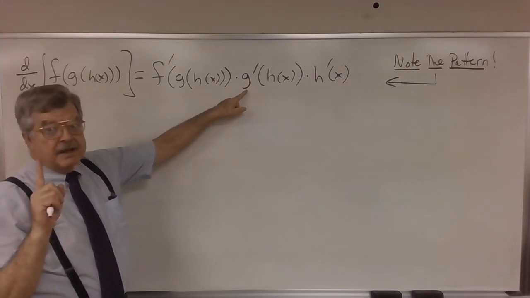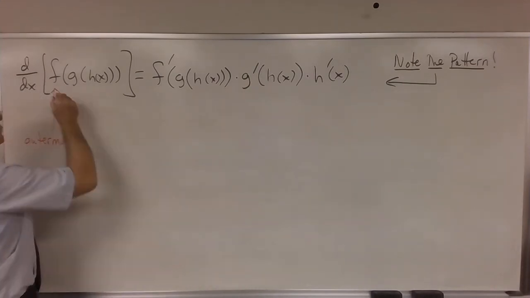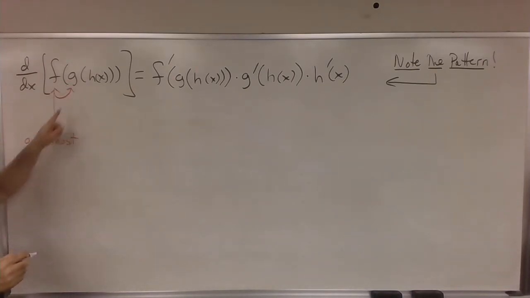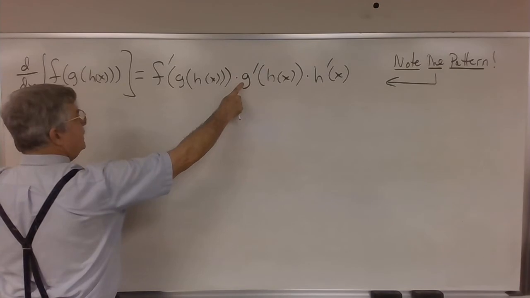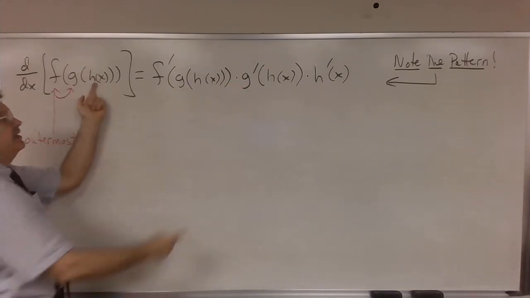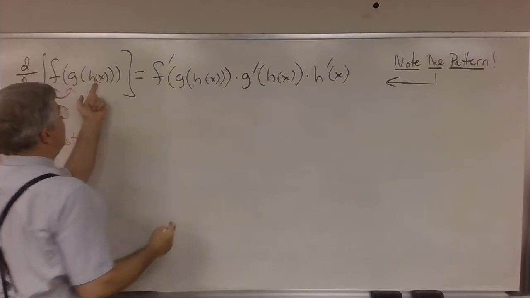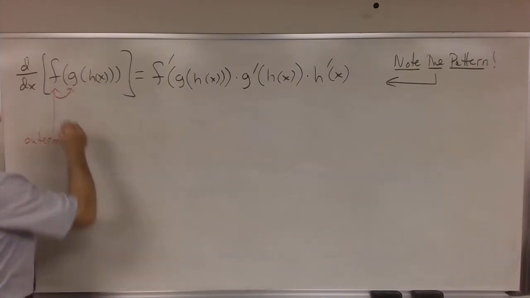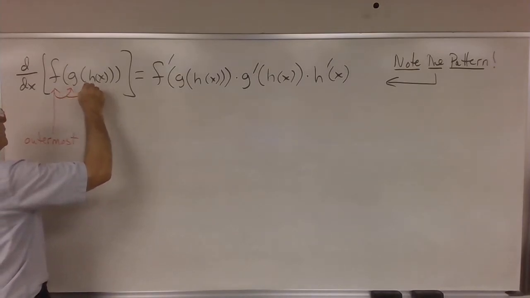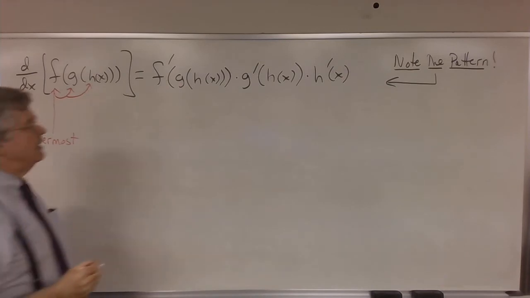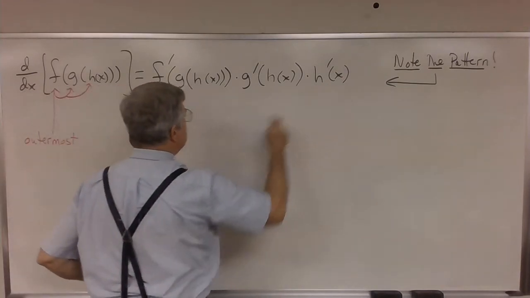We move in to the next outermost function, and we have the derivative of the next outermost function, evaluated at everything inside of it, and then where do we go? We move in again to the innermost function, h of x, and compute the derivative of the innermost function.